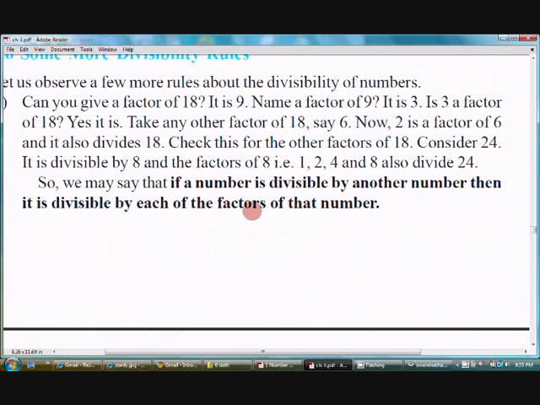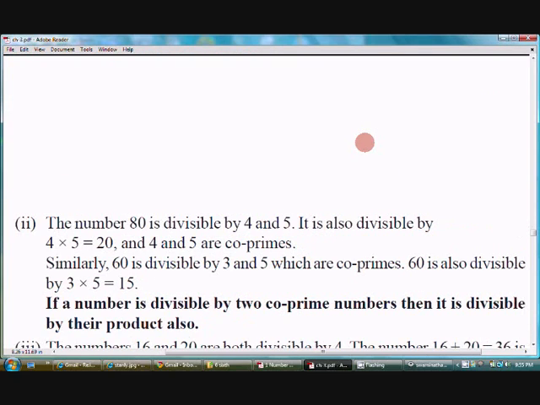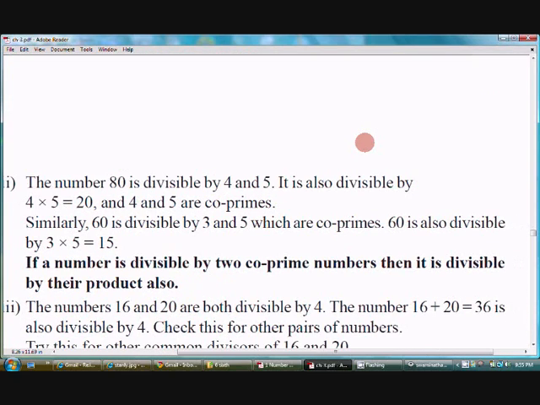Okay. Quickly let us summarize. If a number is divisible by another number, then it is divisible by each of the factors of that number. Remember, we did it before. Second rule, what we saw? If a number is divisible by two co-primes, then it is divisible by their product also. Remember, the product also divides the number.